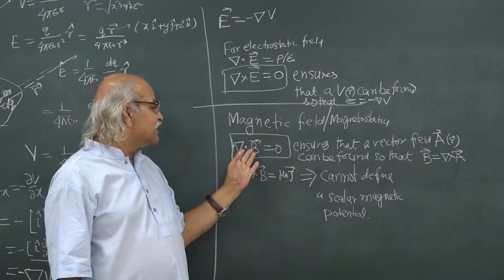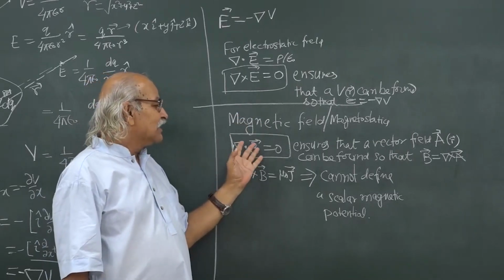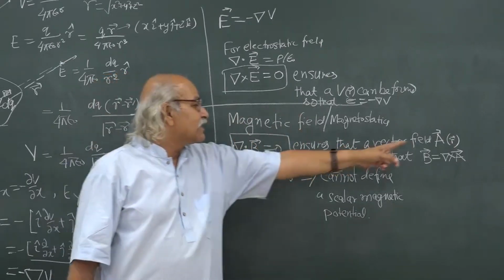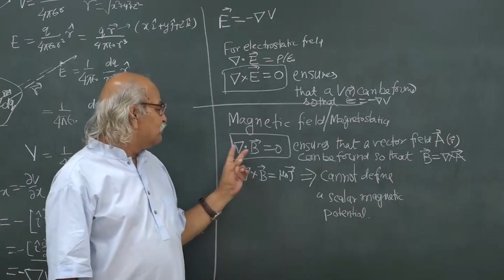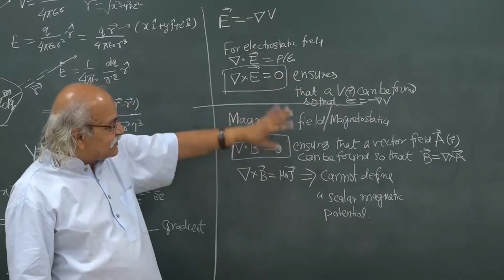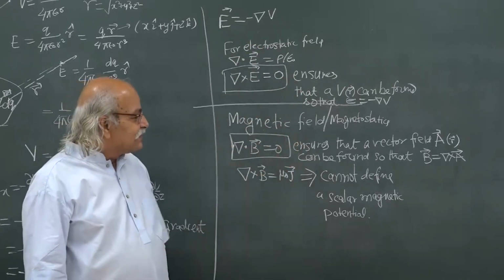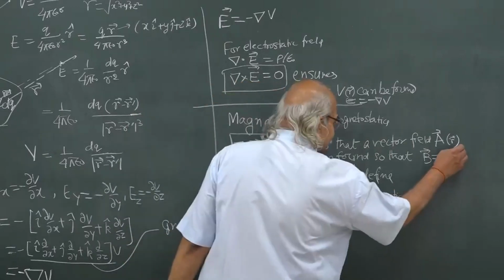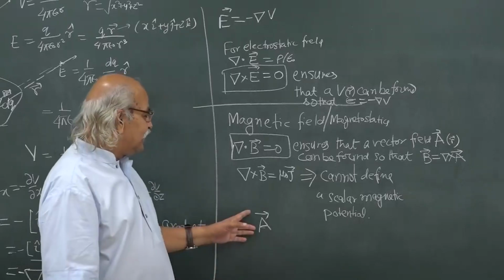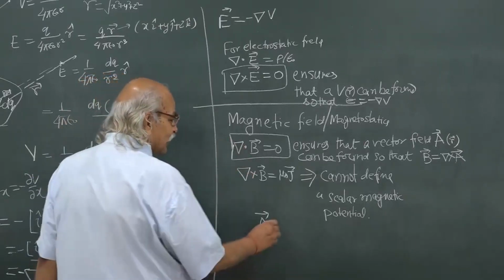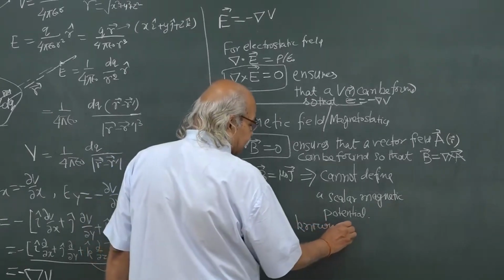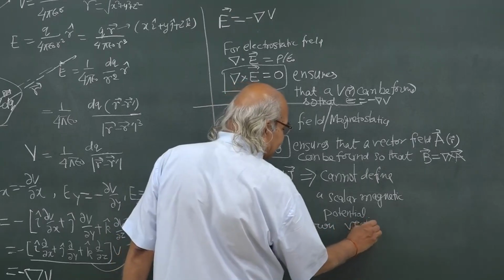And if the divergence of a vector field is 0, that ensures that you can always find another vector field A, so that this B is curl of A. So, some kind of similarity and some kind of dissimilarity, and this A vector, for which curl of A is the magnetic field, is known as vector potential, magnetic vector potential.